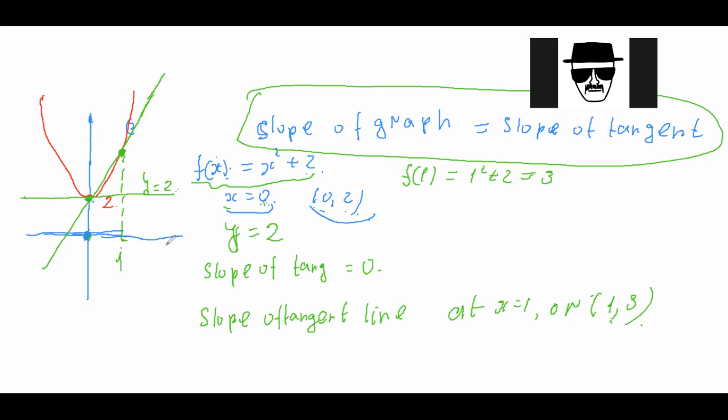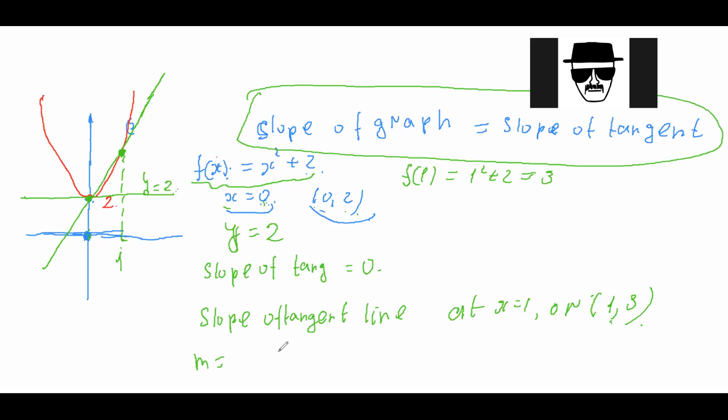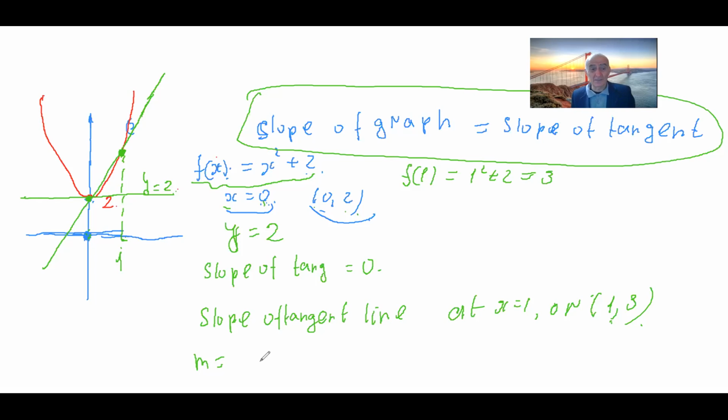Any idea, please, how to find the slope? Slope we denote by m. Rati, do you have an idea? As I remember, if we have the coordinates of a linear function, we can find it as y1 minus y2 over x1 minus x2. Yes, Rati, it's a very good explanation.